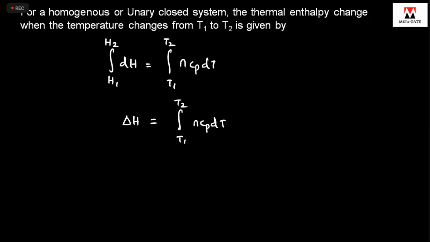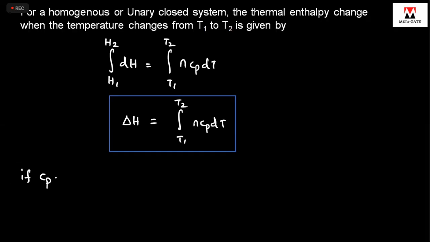It is integral T1 to T2 NCp dT. Of course, if the value of Cp is not dependent on temperature, then you can pull out that Cp outside, then you can write NCp delta T, right? So if Cp is not a function of temperature, then delta H is NCp integral T1 to T2 dT.